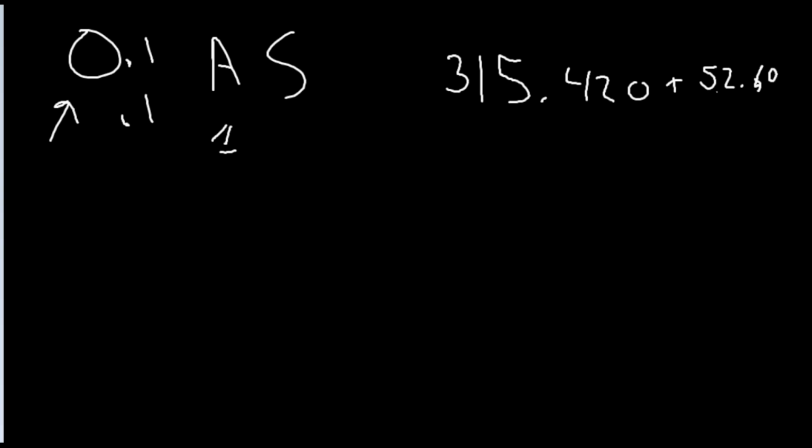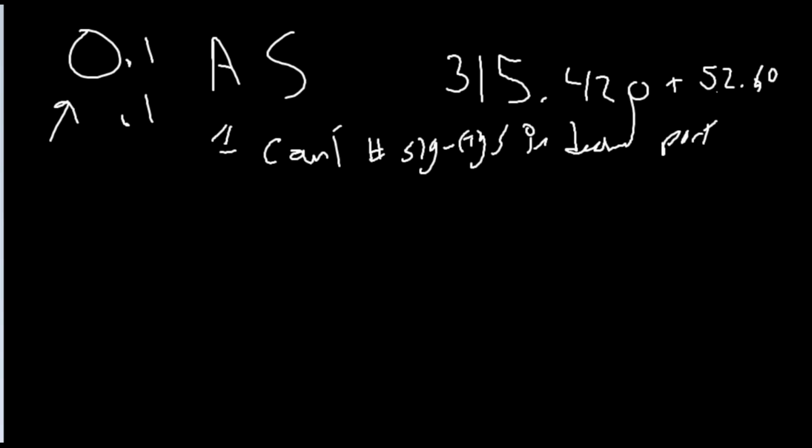The first step is to count the number of sig figs in the decimal portion only, of each number. So for 315.420, we have 3 sig figs in the decimal portion, and for 52.60, we have 2 as well. We have 2.